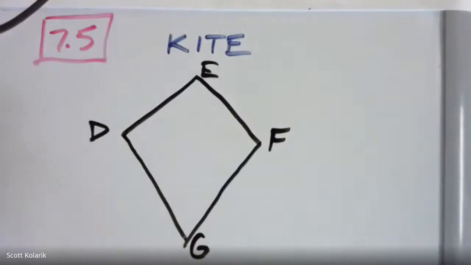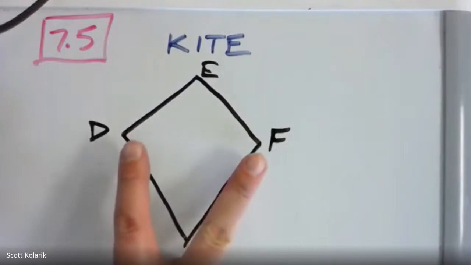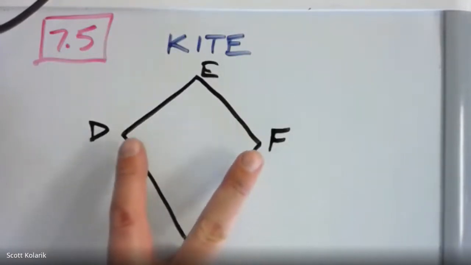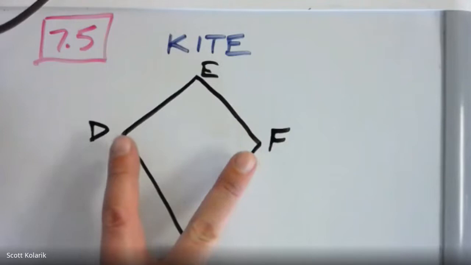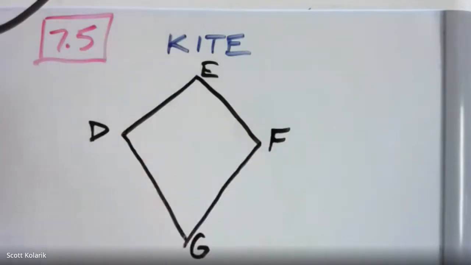All right. So again, the signature look of a kite, you have this kind of wedge shape here. For those familiar with sea creatures, this is similar to the shape of a manta ray. And so one of the properties we learned is that these wings or arms of the manta ray, these 2 angles, have to be congruent to each other. That's one of the properties that we learned about kites. But you'll be given the following information, right?